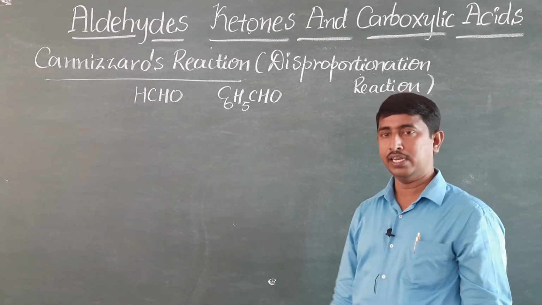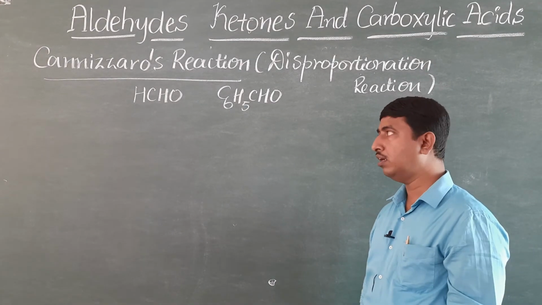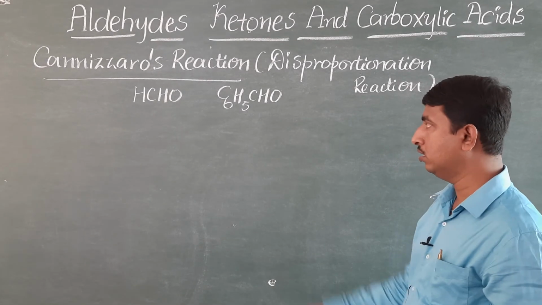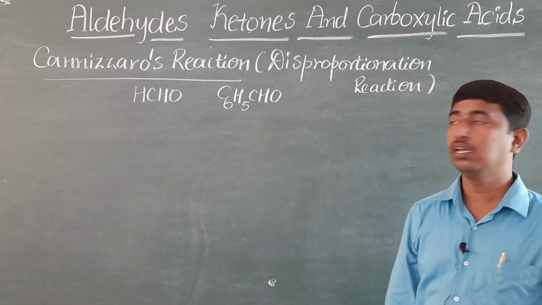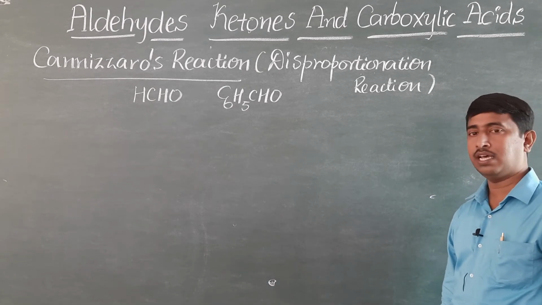Formaldehyde does not contain any alpha hydrogen, and benzaldehyde also does not possess any alpha hydrogen. Because of the absence of alpha hydrogen, these two compounds readily undergo Cannizzaro's reaction.